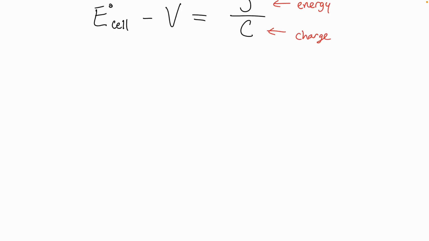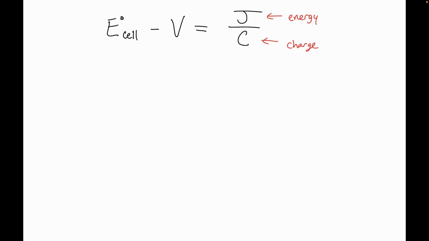what we could say is that if we knew the charge, we could multiply that by our standard cell potential. Okay? Because of convention, it's actually the negative Q that we would want.